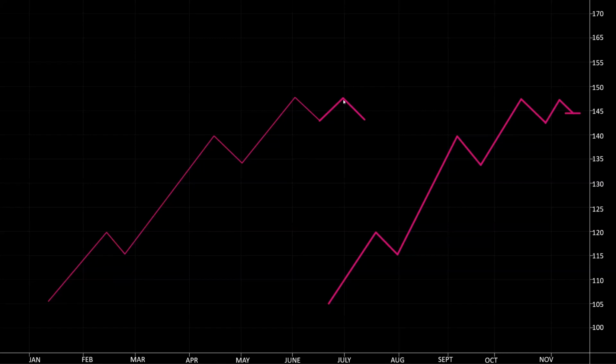So once it holds right there, the trend is over. Once resistance holds, trend's done, trend's over.